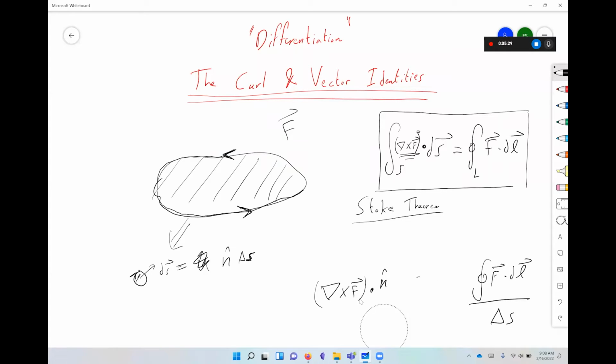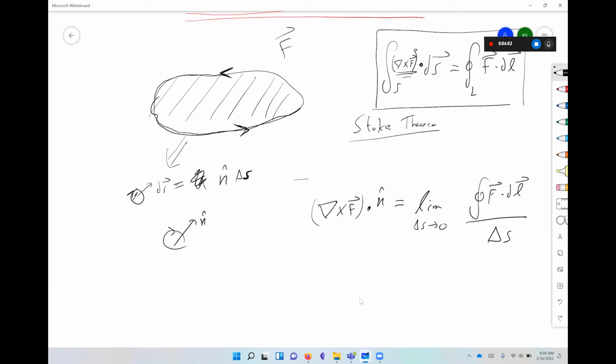So this tells me that the curl is a vector field. If I have a vector field, I take this curl, I get another vector field. If I dot this vector field in any direction, what I'm doing is figuring out what the circulation is in that direction. Essentially, I'm trying to figure out, in direction n hat, how well does this field rotate around this axis? That's what I'm trying to measure. So this is going to be the limit as delta S goes to 0. This is essentially how you calculate the curl.